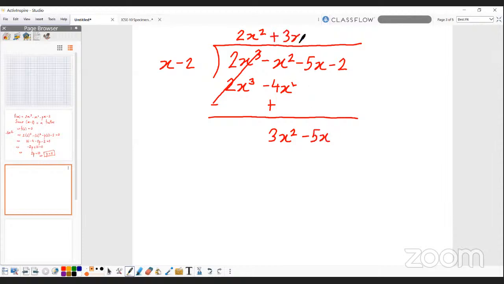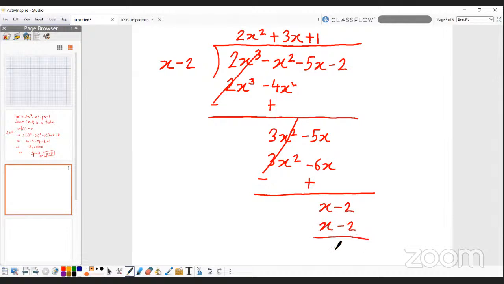Then plus 3x, so that will give you 3x square minus 6x. 3x square and 3x square are cancelled. So you will get x minus 2 plus 1 into x minus 2, and these get cancelled. You will get 0. Right? So you will get x minus 2 into 2x square plus 3x plus 1.